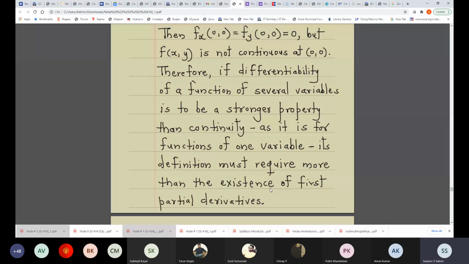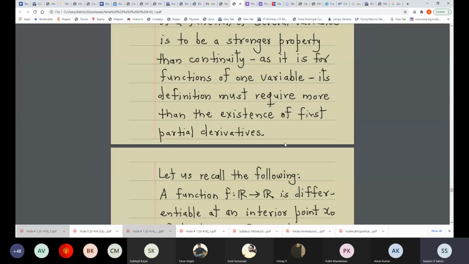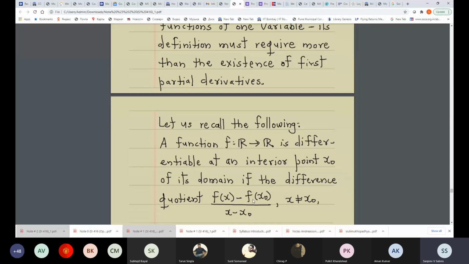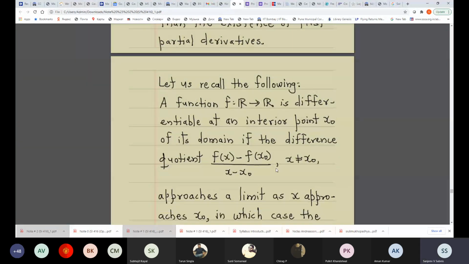Let us recall the definition again. This is sort of a motivation again. I'm sure for people who have not seen this definition, this definitely serves as a motivation. So a function f from R to R is differentiable at an interior point x0 of its domain if the difference quotient at x0, whenever x is not equal to x0, approaches a limit as x tends to x0.